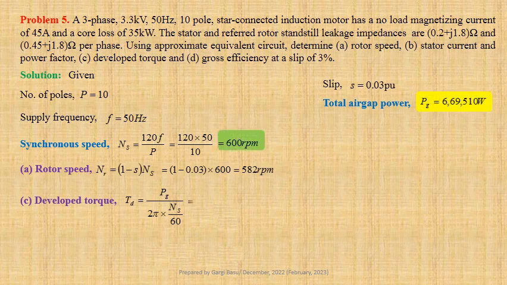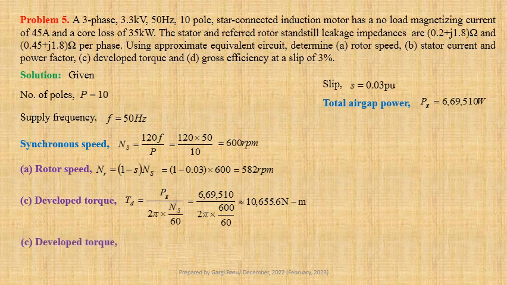Therefore, Td equals 6,69,510 divided by 2 pi into 600 by 60, which is approximately equal to 10,655.6 Newton meter.